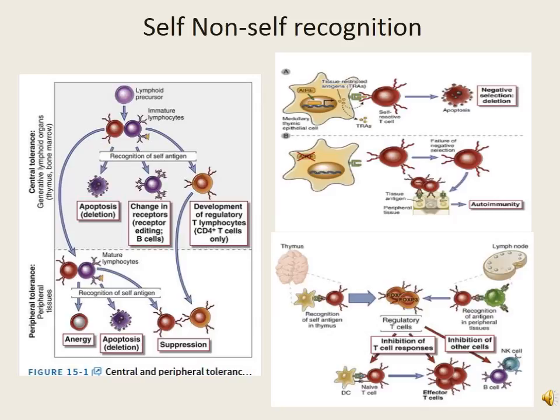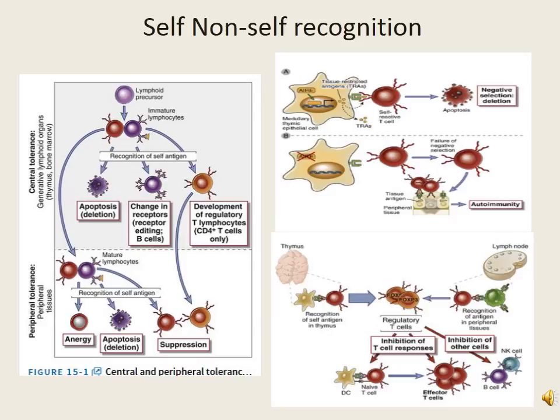You will see that when a mature lymphocyte interacts with a self-antigen, and sometimes there is a lack of certain factors like co-stimulatory activity, that T cell will go into anergy, that is, doing nothing, or can go into apoptosis, deleting that cell.